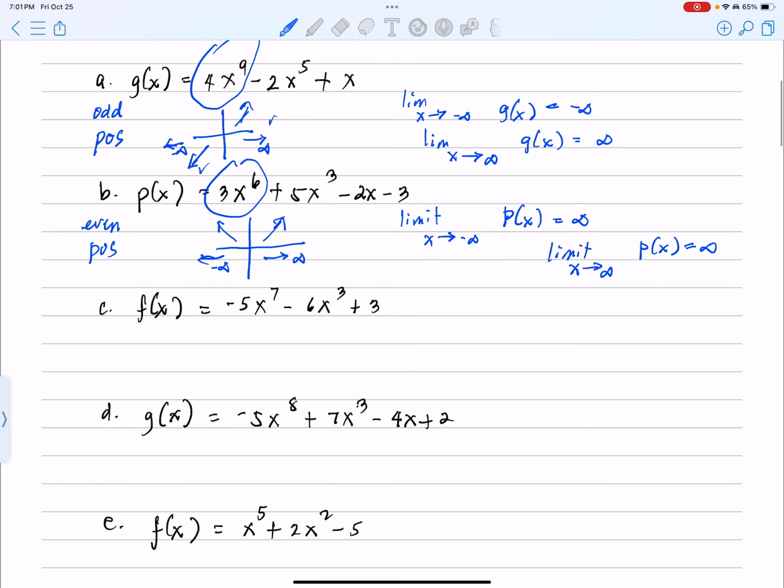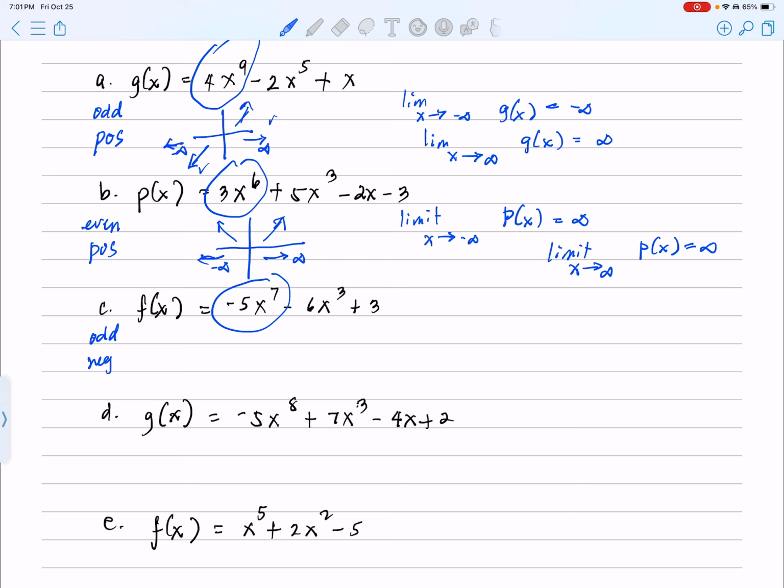Letter C. F of x is negative 5x to the 7 minus 6x cubed plus 3. So we look at this. The degree is odd. The coefficient is negative. Okay? Odd, negative.